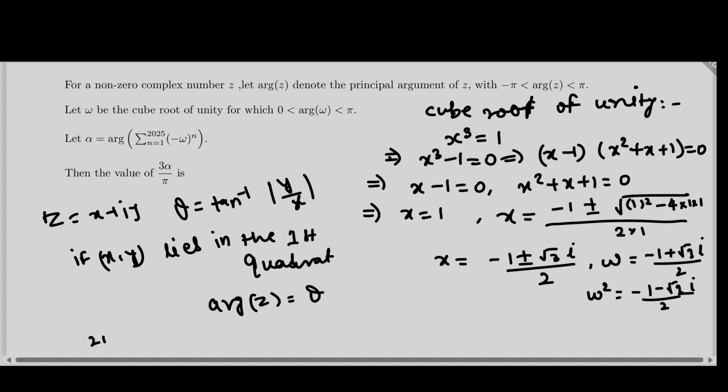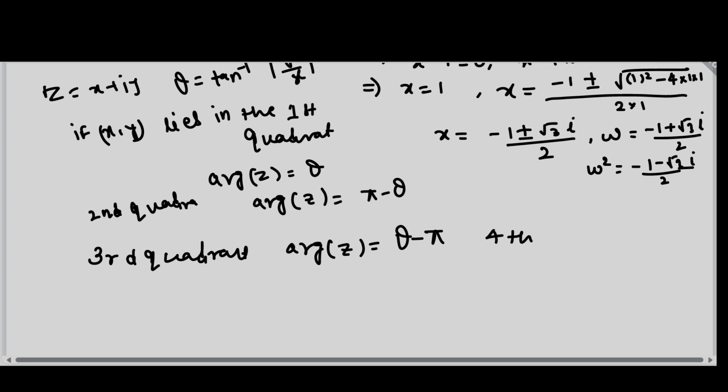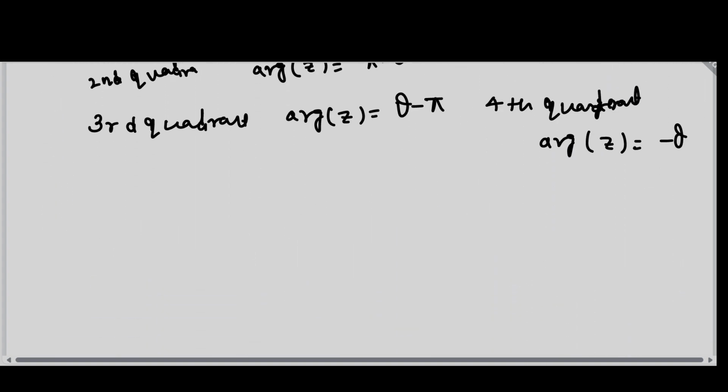If it lies in the second quadrant, the argument is pi minus theta. If it lies in the third quadrant, the argument is theta minus pi, and if it lies in the fourth quadrant, the argument is minus theta. So using these concepts, we are going to discuss the solution of the problem.